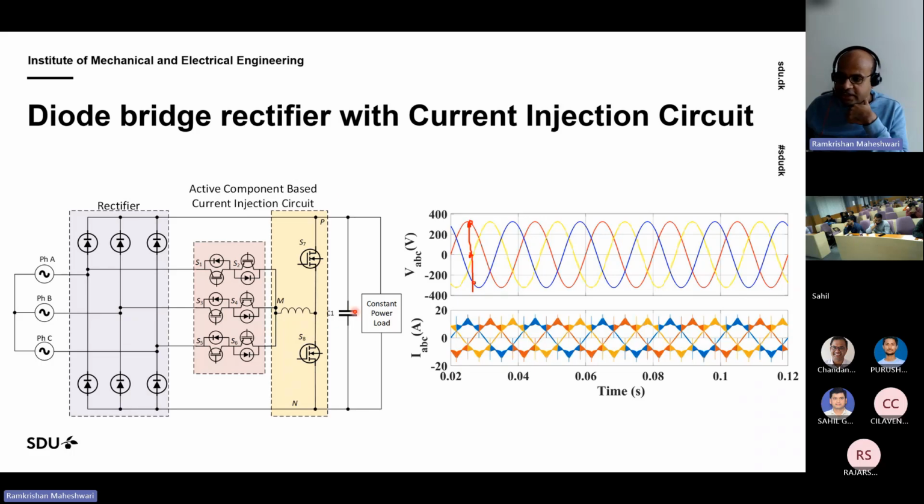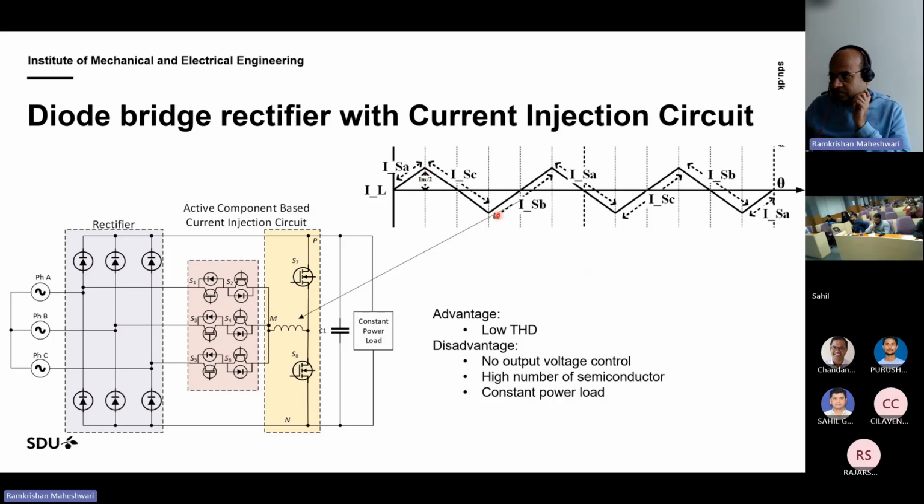So what this circuit does is turn on these two switches S3, S4, which are connected to phase B, and feed this inductor current in this phase. Now I have a possibility to feed certain current in the phase which is not conducting. So what should the inductor current be in that case? The inductor current should be something like this.